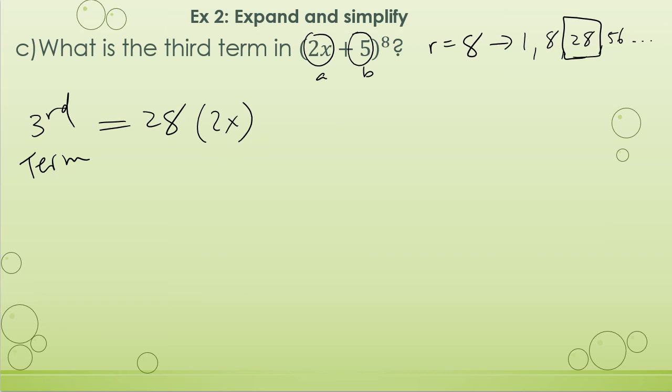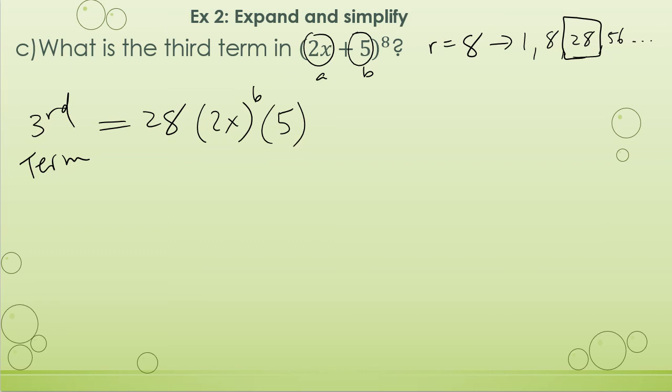Now you kind of have to do some deductive reasoning here, or maybe thinking out loud. So the first term would have an exponent of 8. The second term goes down by 1, would have an exponent of 7. Third term goes down by 1, would have an exponent of 6. 5, that's my b term.